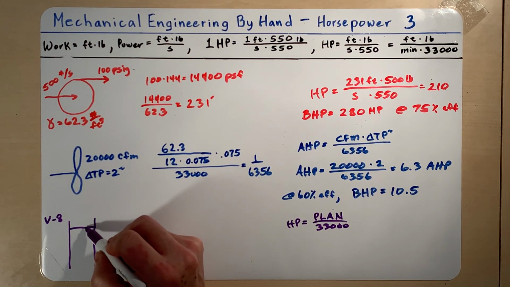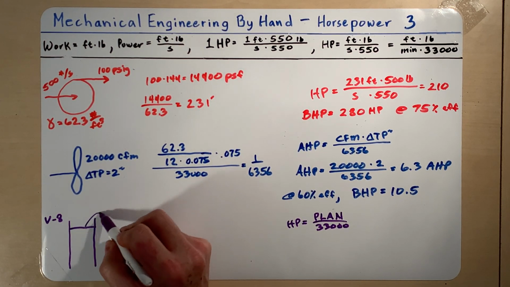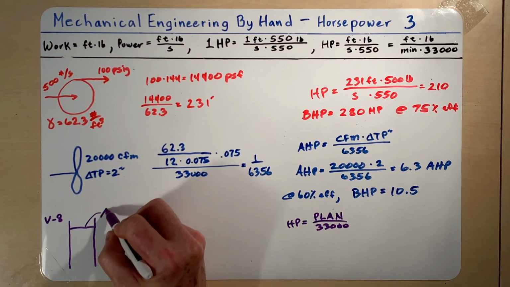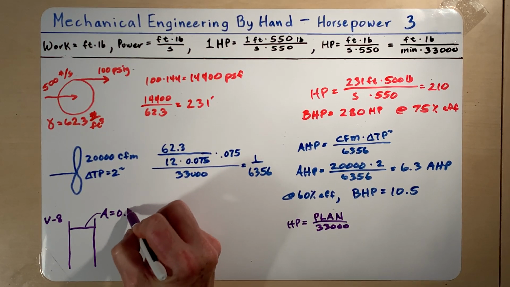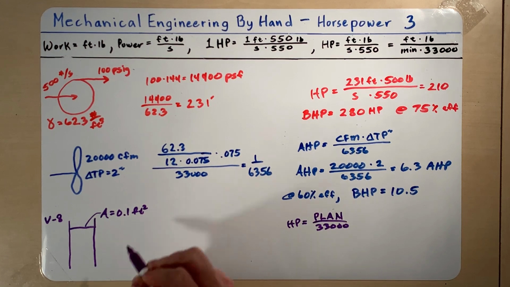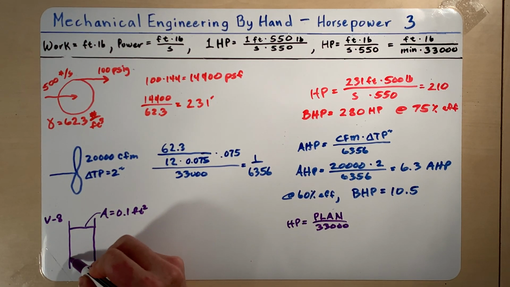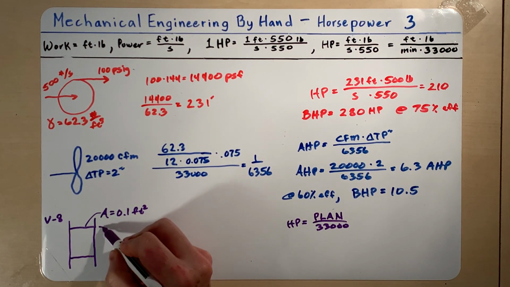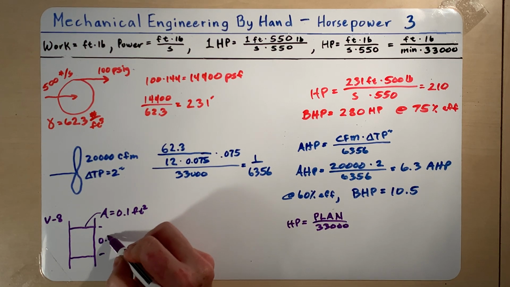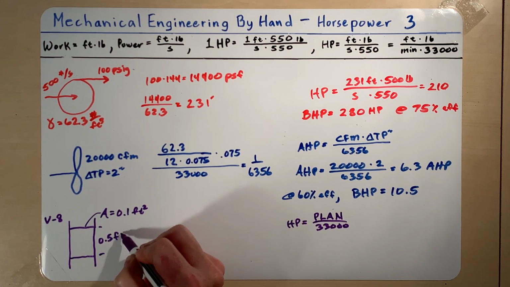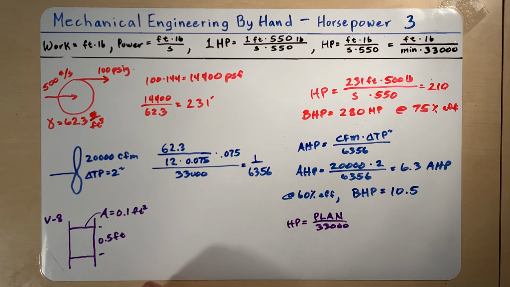Let's say the area of the cylinder is 0.1 feet squared, and then the stroke of the cylinder will be 1/2 of a foot. So we need some more information.